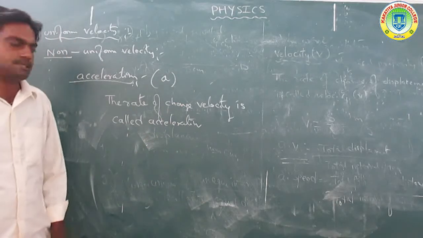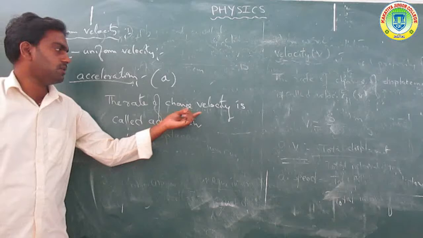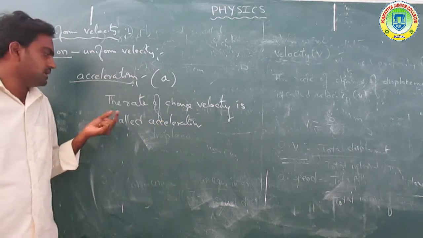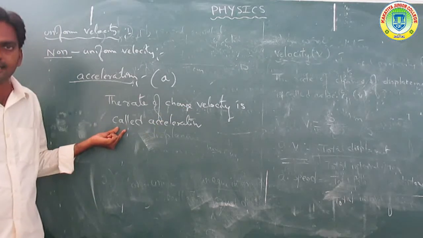It is denoted by the small letter a. How do we define acceleration? Acceleration is nothing but the rate of change of velocity. The rate of change of velocity is called acceleration. Clear that. It is denoted by the small a, and the rate of change of velocity is called acceleration.